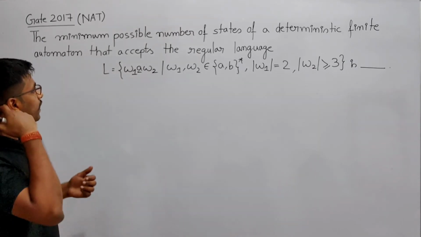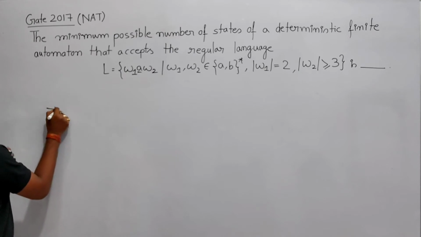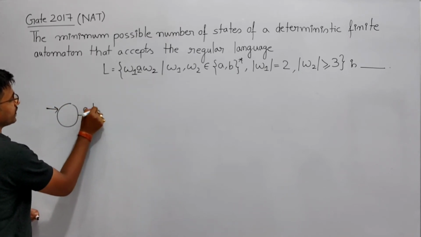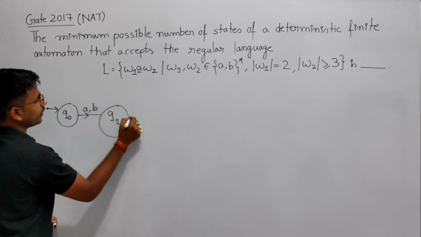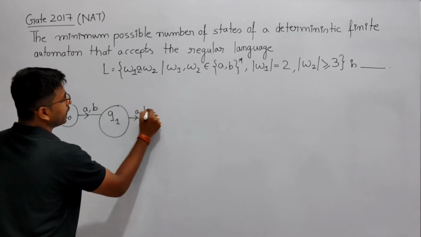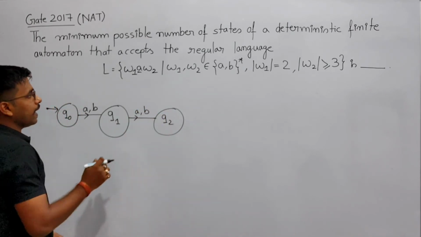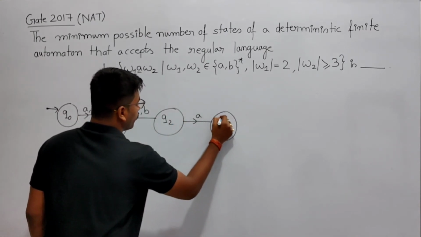So now see the minimal DFA for this language. First, W1 length equal to 2. So this is saying length 0, this is saying length 1, then again by getting any combination of A, B, length 2. So for W1 we got length 2. Then after that it should have A, so I'm going to Q3.